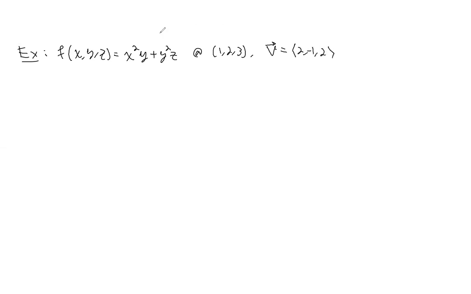So first of all, we want to again find the derivative at the point (1, 2, 3) in the direction of v. Here's what you don't do.